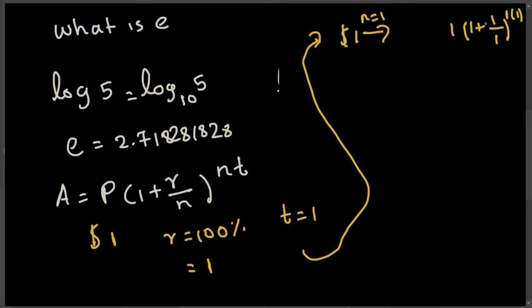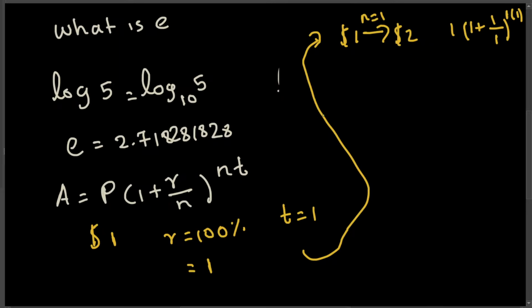We are just calculating for 1 year. If you calculate this value, you're going to get $2. You can try this: 1 plus 1 over 1 is 2, and 2 to the power 1 is 2, and then 2 times 1 is also 2. So we're getting 2 right here.